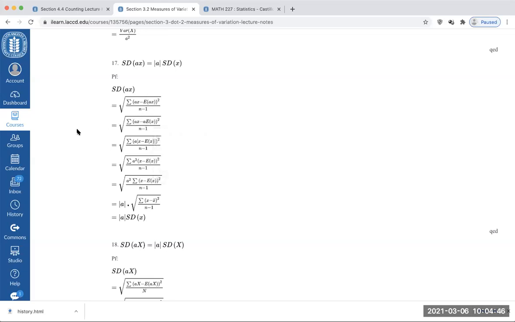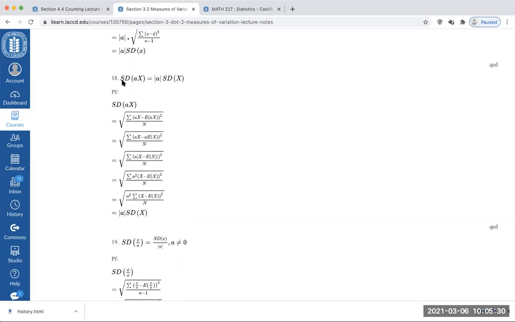I can factor out an a from each of these inside the parentheses, and factor out a squared and bring it out in front of the summation. The square root of a squared is just the absolute value of a. What remains, using the fact that the expected value of x is the sample mean, is the square root of the sum of x minus x bar quantity squared over n minus 1, but that's the standard deviation of x. And so I've shown that this is equal to the absolute value of a times the standard deviation of x, and that's what you wanted to show.